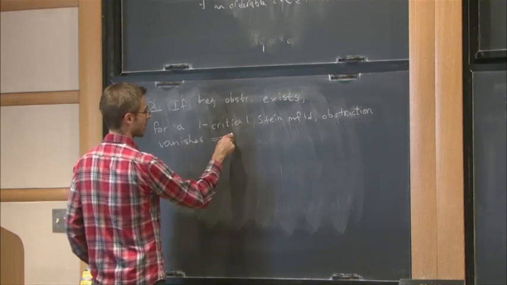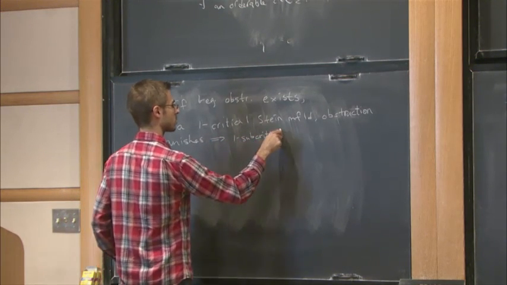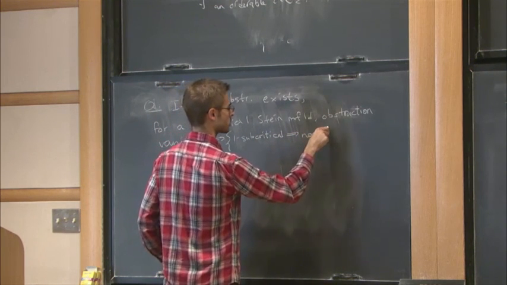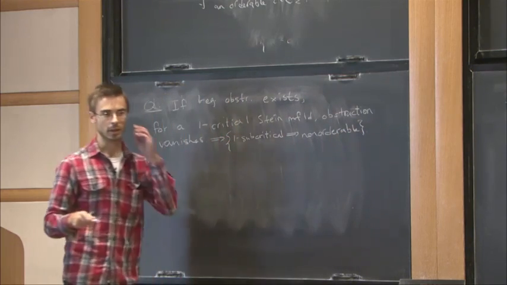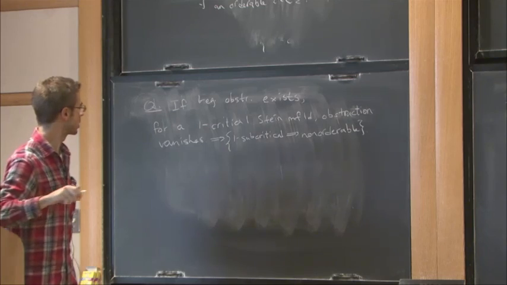So this would imply that one subcritical implies non-orderable. Which, unless I'm mistaken, is still open.